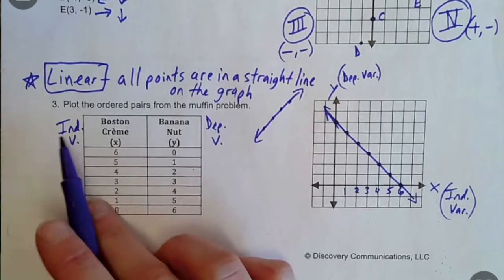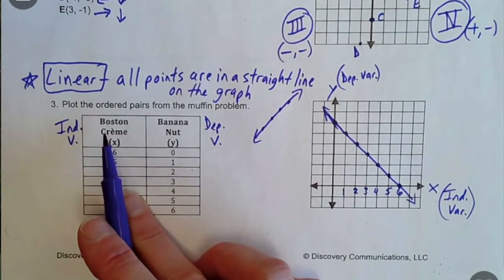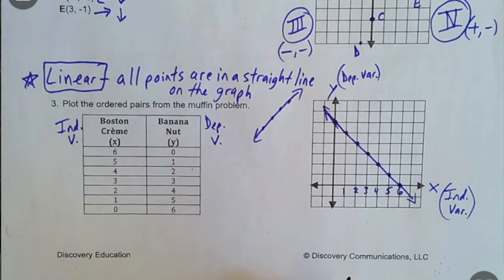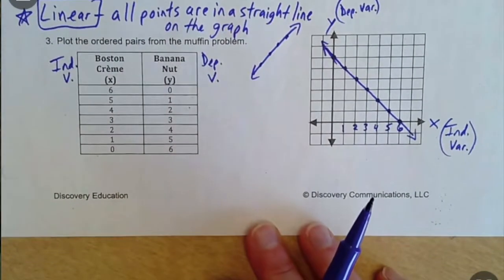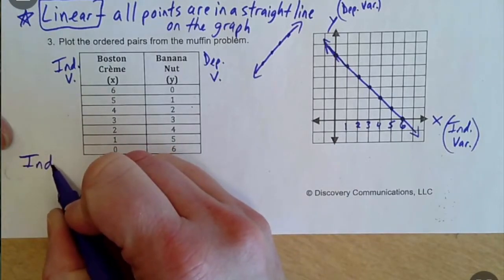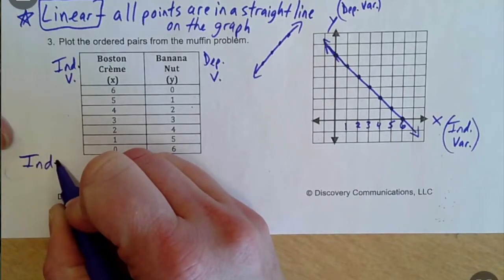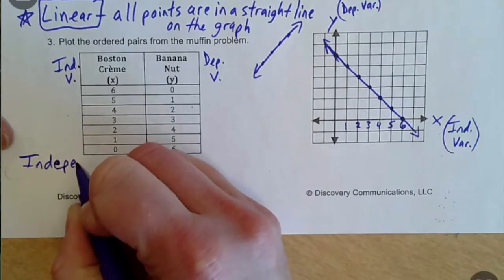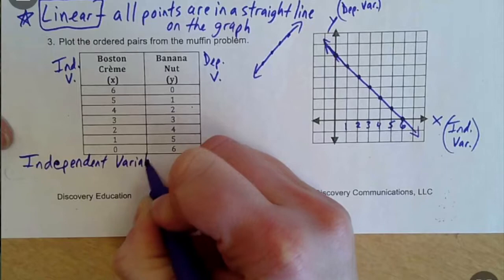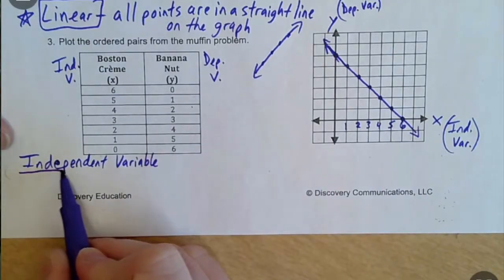We've labeled our independent and dependent variable in the table. We've also labeled our independent and dependent variable on the coordinate plane. A couple other notes I want to add here. Independent variable. Box this in.